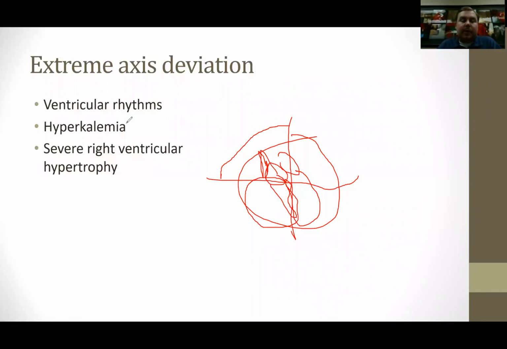Then they're at risk for hyperkalemia due to the renal failure. And then RVH, those patients are probably going to have a known history of unresolved PE or severe COPD with decompensated heart failure, that they're not even going to be able to stand up and walk 5 feet on a normal basis without being short of breath. So you should be able to pick that up in your history section.